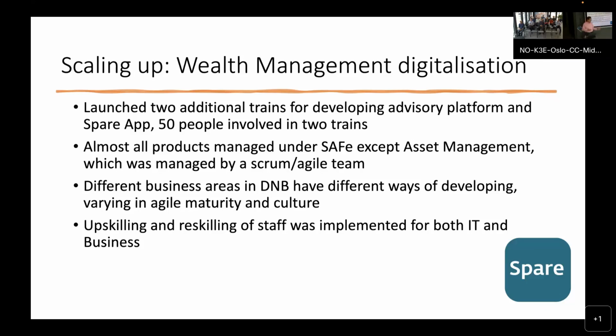One is the investment part, which is what we use for private banking. We don't see too much of it. It's more portfolio management, financial portfolio management. The other is Spara, which was made for everybody.